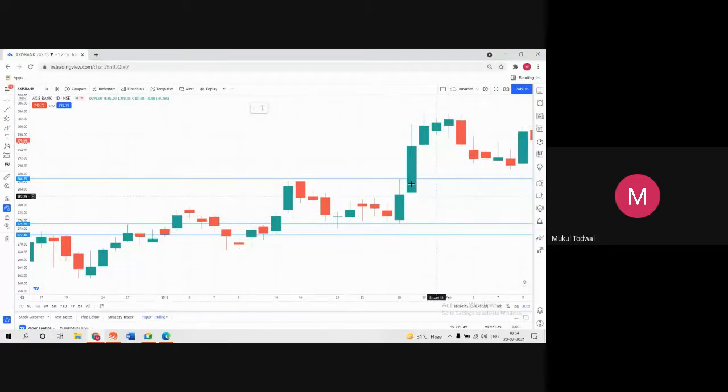This is one of the parameters that gives you a call. Yes, tomorrow or in the coming days the stock might go up. You have to look at MACD as well, RSI, and what the volumes are because of which this has gone up. All these things are certainly a part of your analysis, and after you get a good call from the other indicators, you can go and buy this stock.